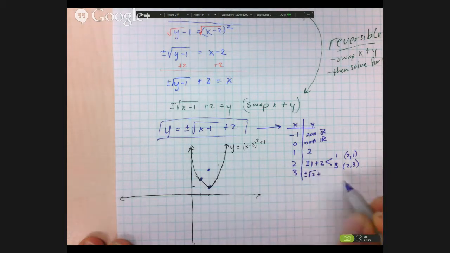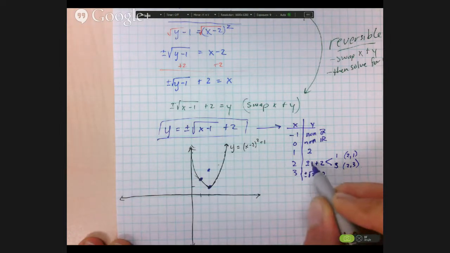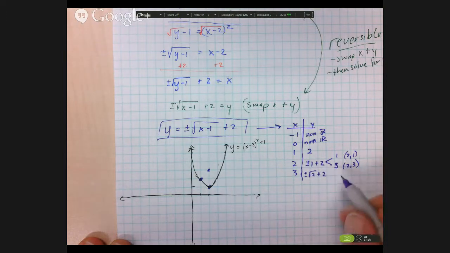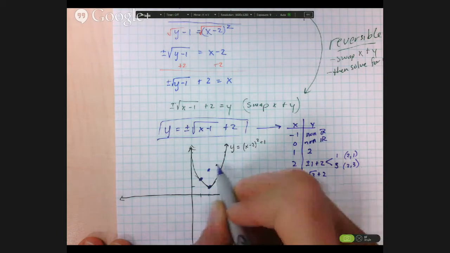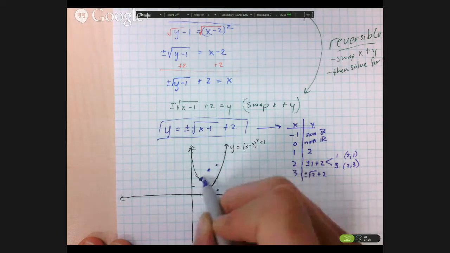Wait, you get that 3 times? Yeah. Positive 1 plus 2 is 3. And then -1 plus 2 is 1. That's going to be somewhere in here. So we have our general shape now.